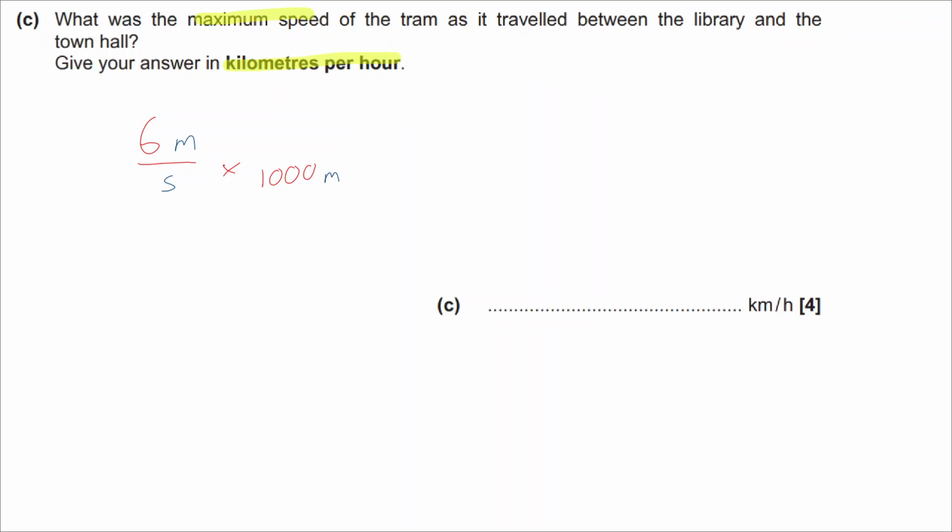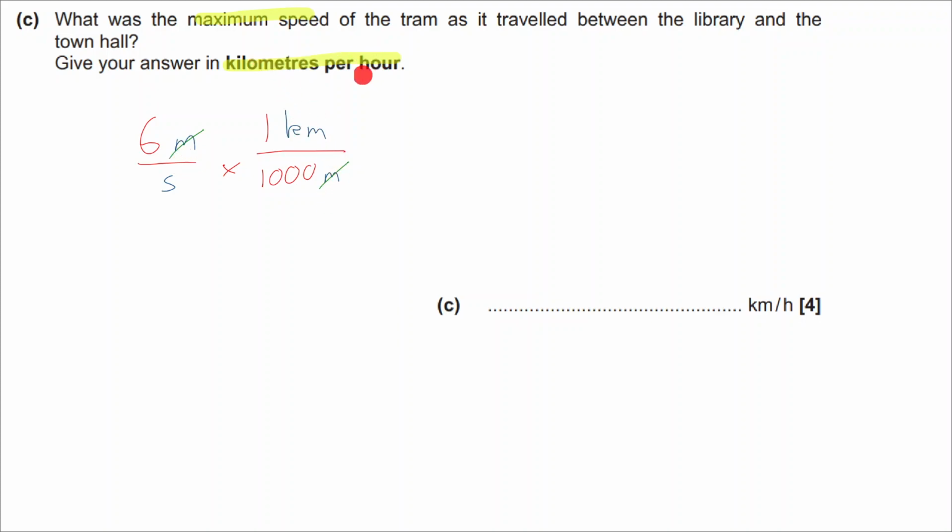The reason I can times 6 by 1 over 1,000 is because you're timesing this number by 1, because 1 kilometer and 1,000 meters are the same thing. This is good because the meters here and the meters here will cancel, because when you're timesing fractions, you can cross cancel on the numerator and the denominator, and you've got kilometers, which is good.